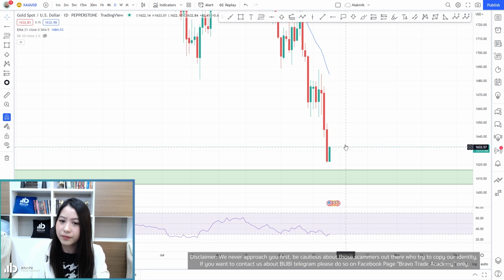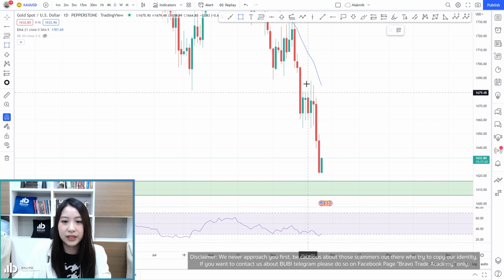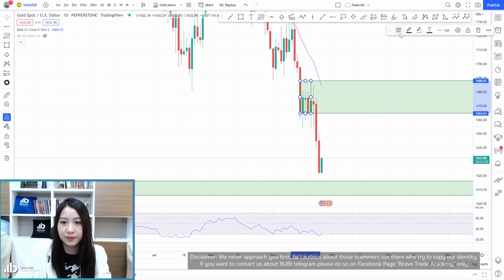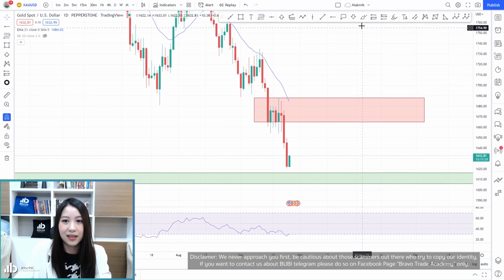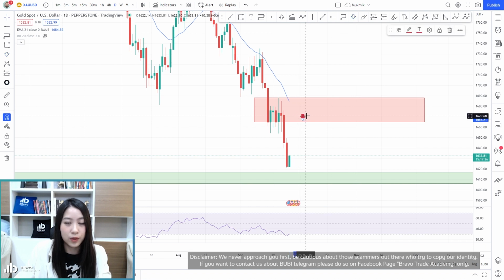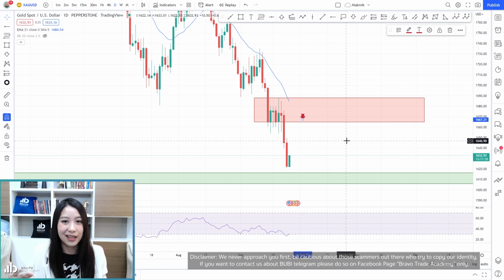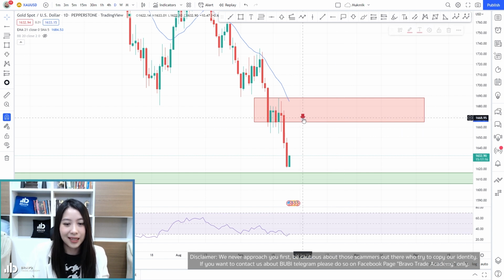All right, so that's for the daily time frame. We are still having our supply zone here. Okay, and I'll say that this supply zone is really interesting. If it comes back up, we will surely have a selling plan here, but we do need a more detailed structure to decide where we should go for a sell, because this supply zone is in the daily time frame and it is huge.